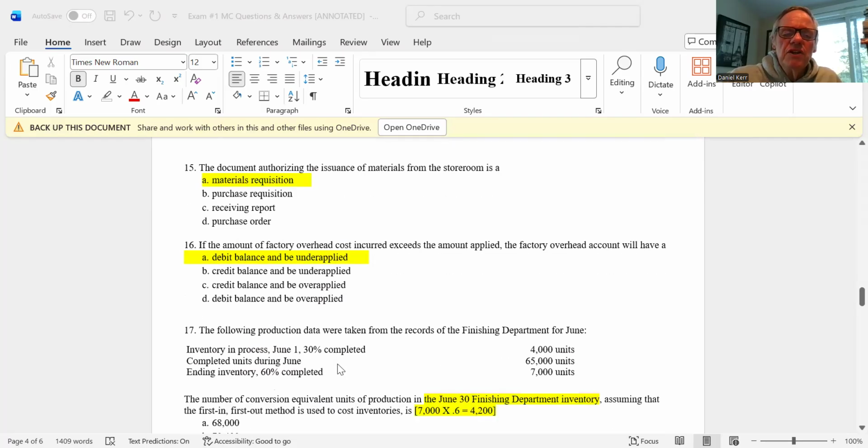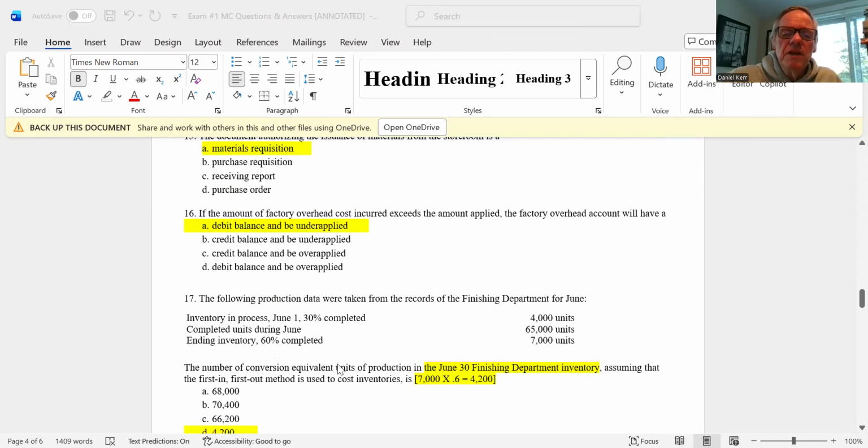17. The following production data were taken from the records for the finishing department for June. This is the beginning inventory and process completed during the units completed. Ending inventory is 60% complete. What is the number of conversion equivalent units in the June 30th finishing department inventory, assuming the first-in, first-out method is used to cost inventory?